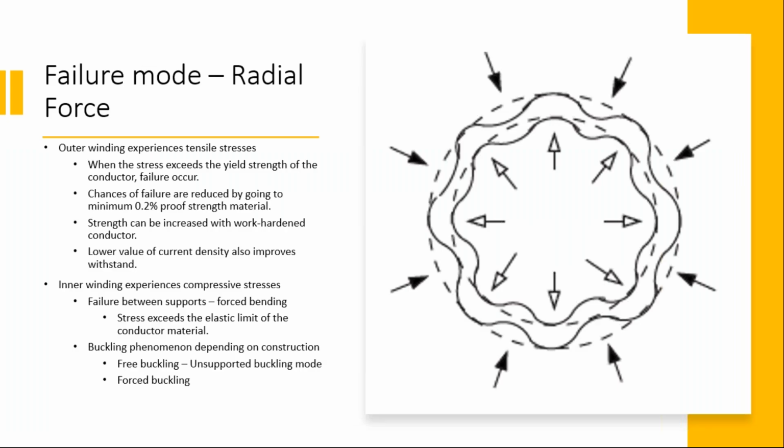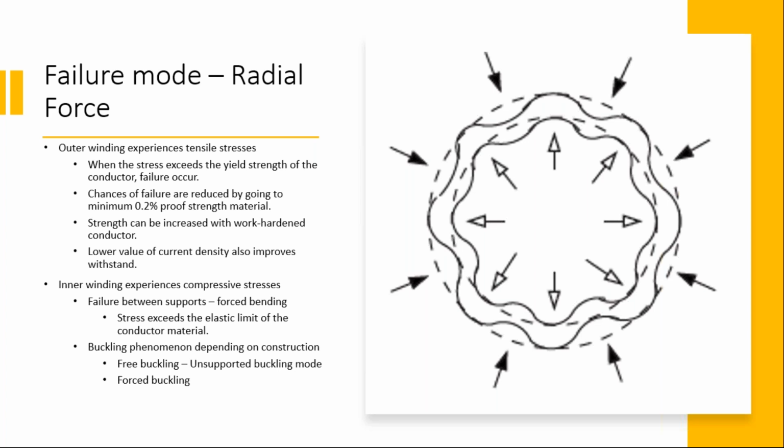Thanks, Bala. So let's talk a little bit about the failure modes of short circuit and how we design for it. The failure modes are different for radial and axial forces. And again, for radial force, it is different for the outer winding and the inner winding.